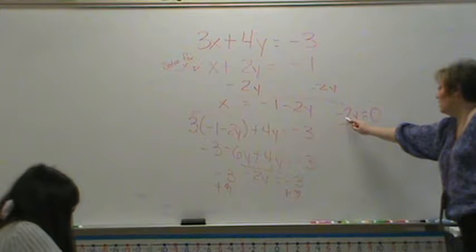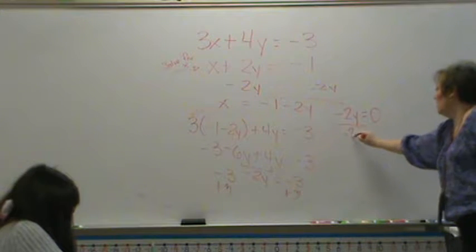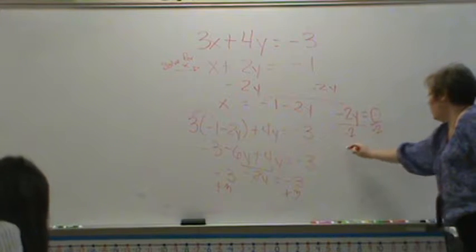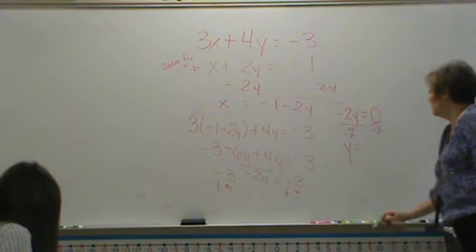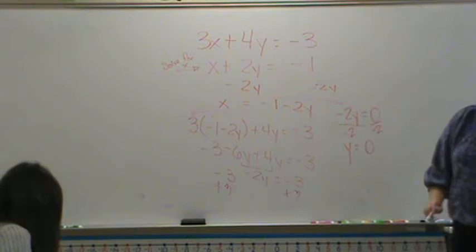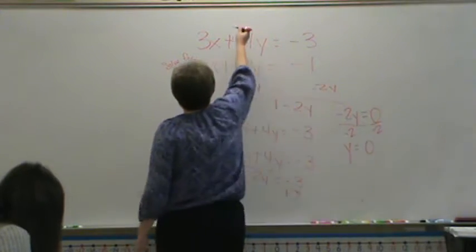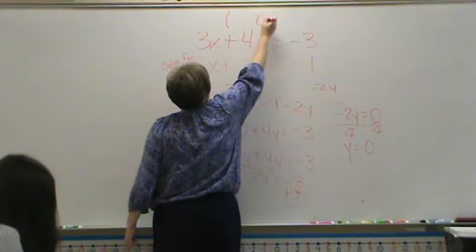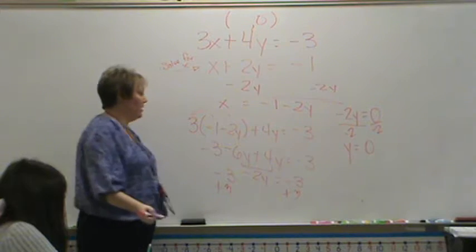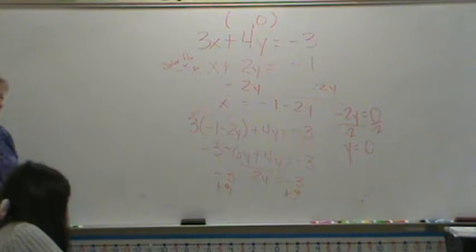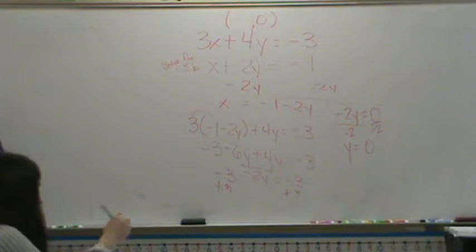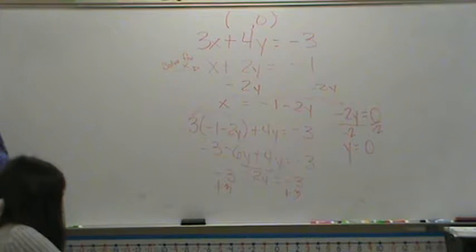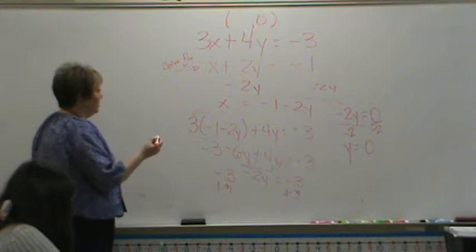Divide by -2. So what does y equal? 0. That's half the story. Half of my ordered pair. What do I do now? Plug the 0 into the second equation.